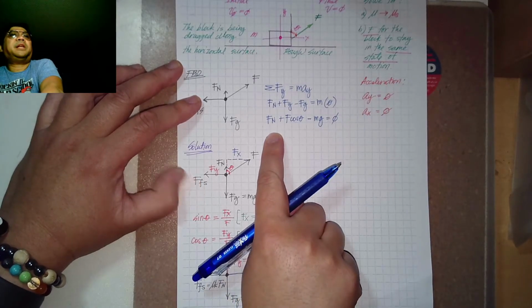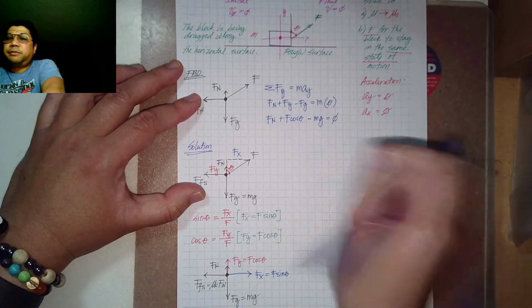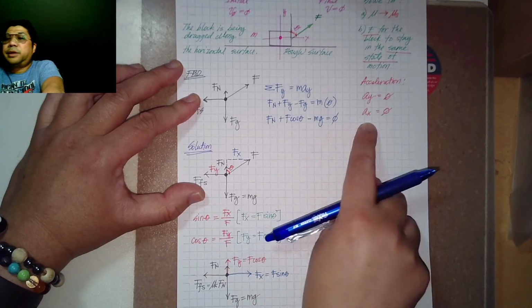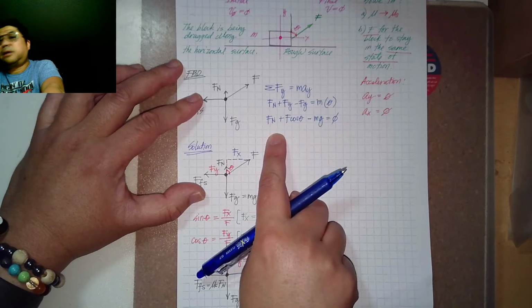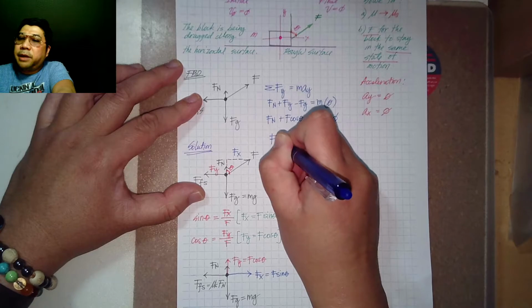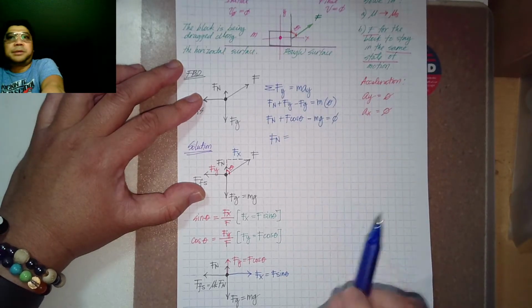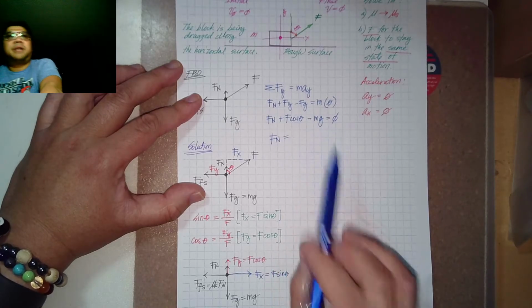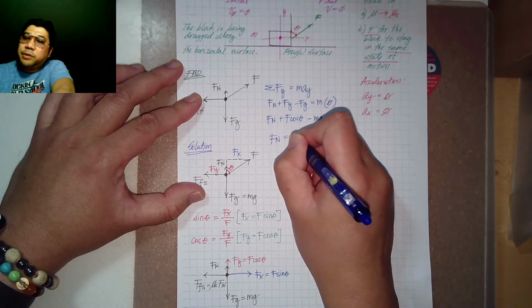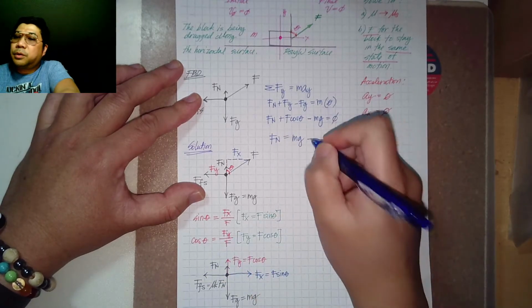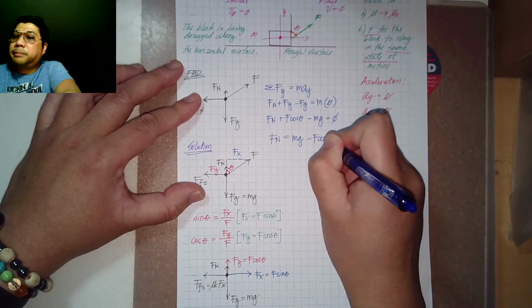Now we will be needing Fn to solve for the coefficient of friction, so let us move the other components to the other side of the equation, leaving Fn on one side. So F sub n, the normal force, is negative, you move it to the other side of the equation, changing it to positive mg minus F cosine theta.